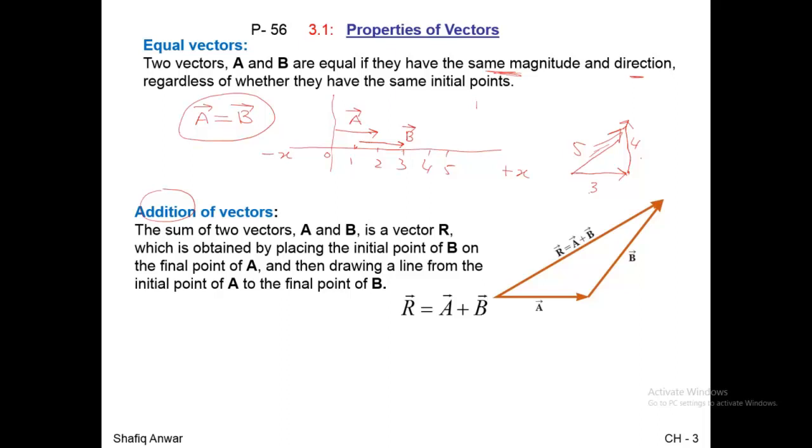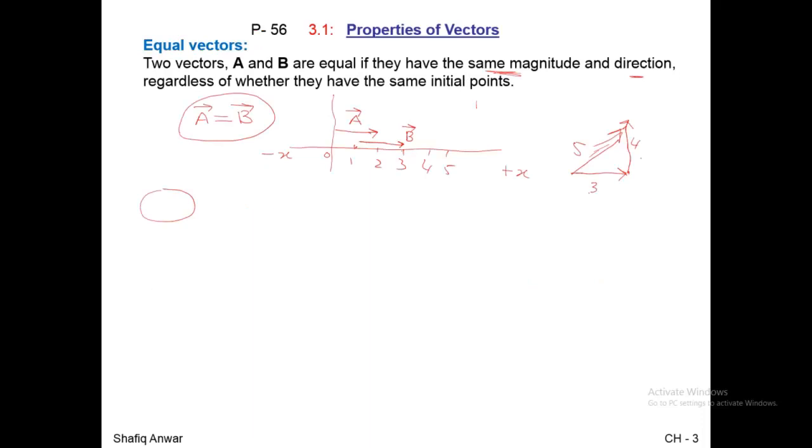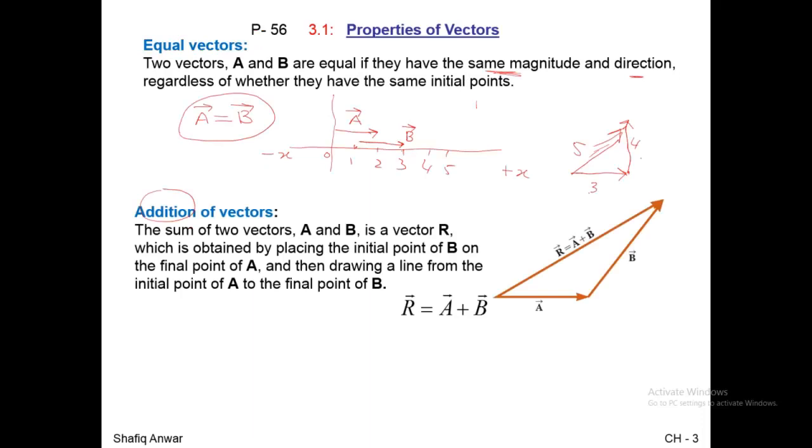What is the rule of adding two vectors? The rule is that if you are given two vectors, say you have these two vectors, this is vector A and this is vector B. This is the beginning of the vector, this is the end, or we say tail and head.